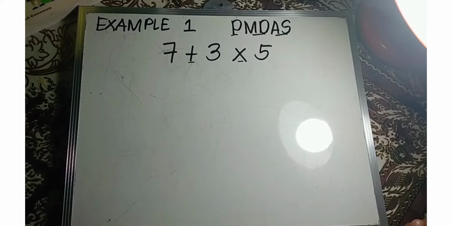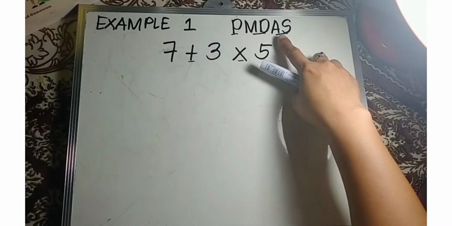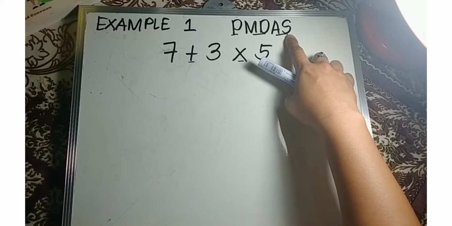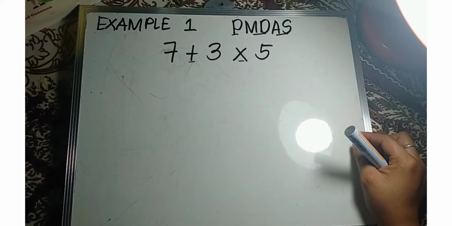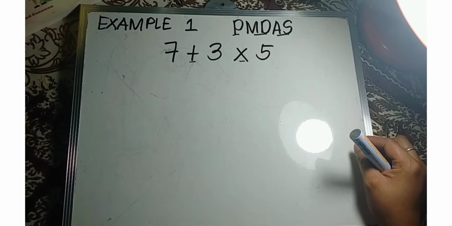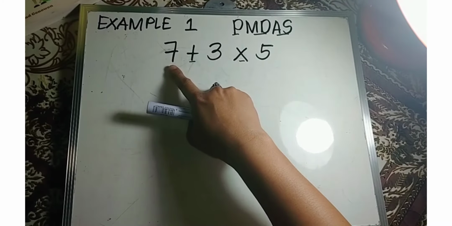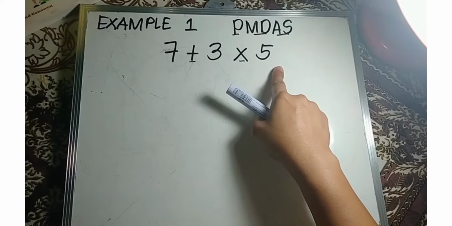Kung sino po yung nauuna kay multiplication or division, siya po ang isosolve natin. And also like addition and subtraction, kung sino po ang nauuna sa kanila from left to right, siya po ang uunahin yung isolve. So, dito po sa given example natin, we have 7 plus 3 times 5.